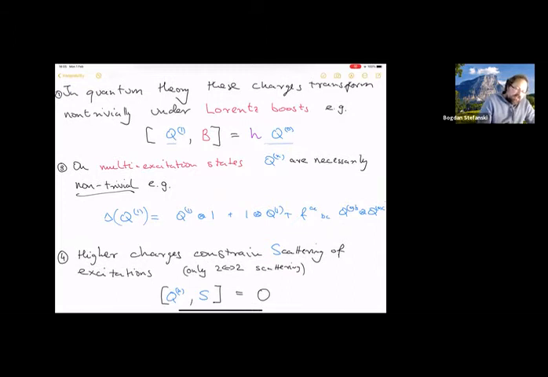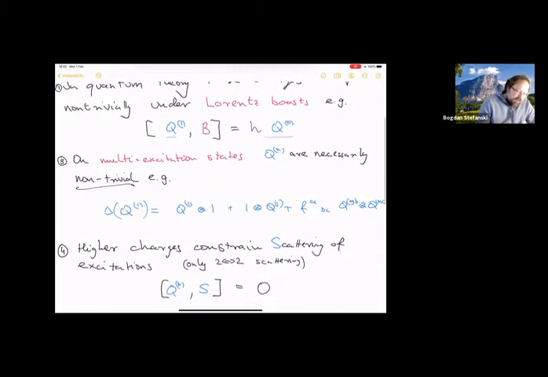What we'll also see is that if we have some state made up of excitations, so think of some plane wave excitations, and let's say it has two excitations, then these non-local charges are going to act on the first excitation, and they're going to act on the second excitation.